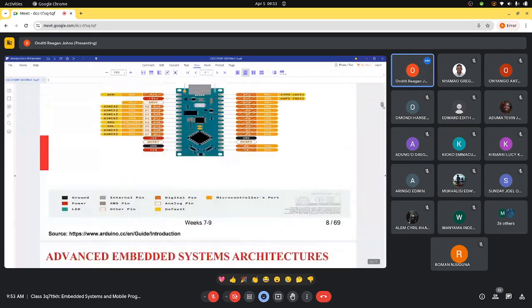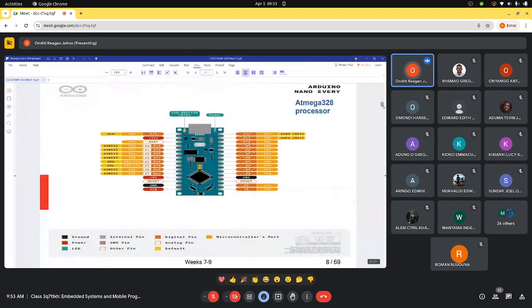So just to mention before I leave this page, you'll realize that we have pins on both ends, and these pins are what we refer to as the analog pins and the digital pins. We are going to see how to interact with both the analog and the digital components of Arduino.